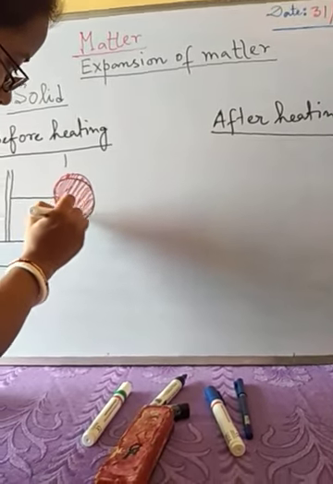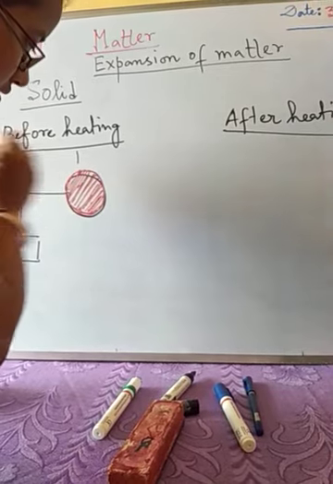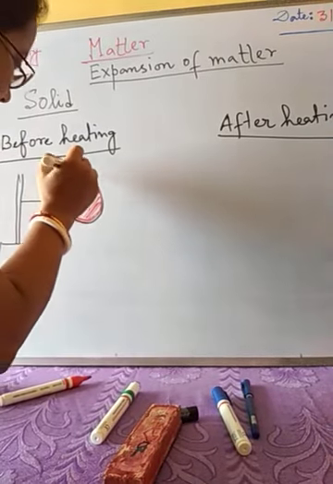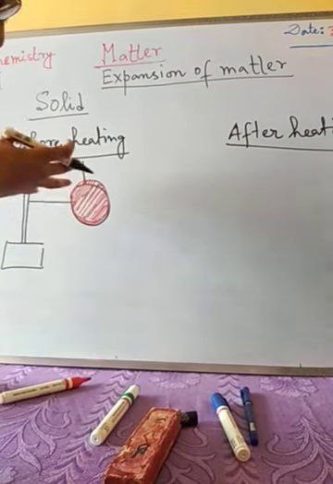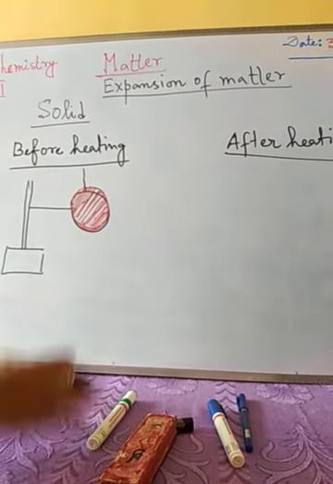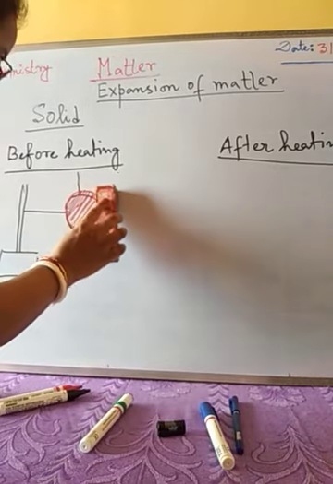So it is smaller in size than the ring, and it can pass through this. Before heating, it can pass through this.